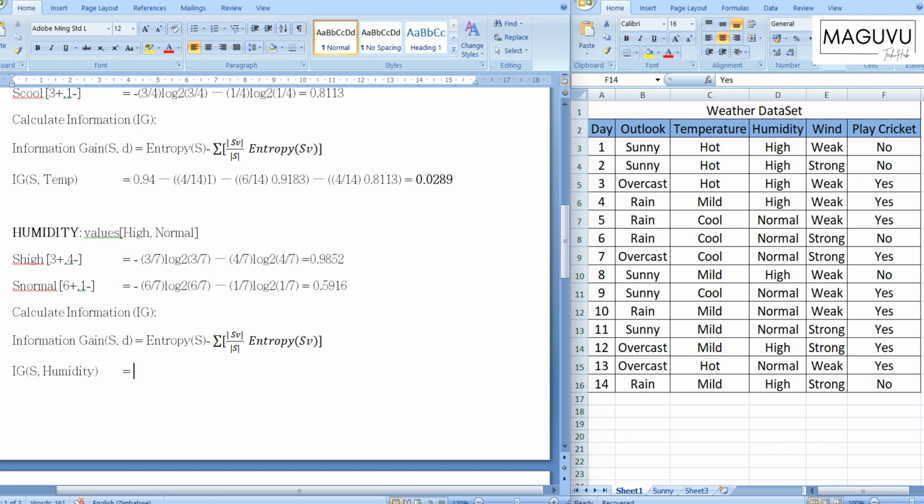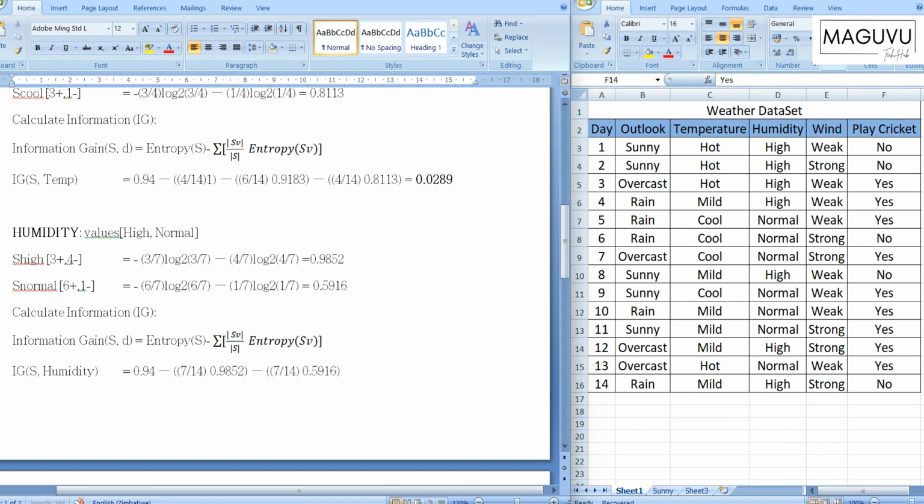This gives us a value of 0.94 less the high there, which is 7 divided by 14 multiplied by the entropy of high, which we then bring down there, and then we consider the next value, and we also have a 7 there, and that becomes 7 divided by 14 multiplied by the entropy of normal.